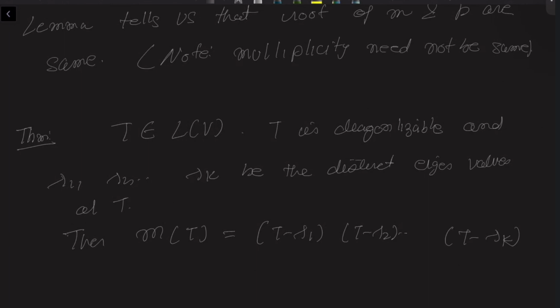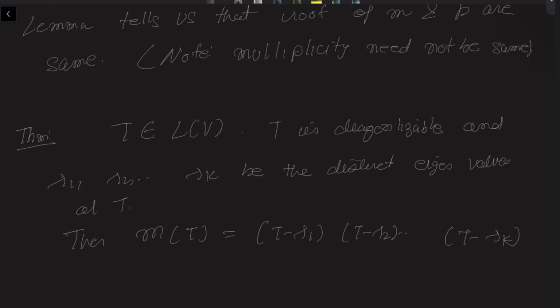So this is what the theorem says. It says that if t is diagonalizable, then the minimal polynomial can be written as a product of linear factors.